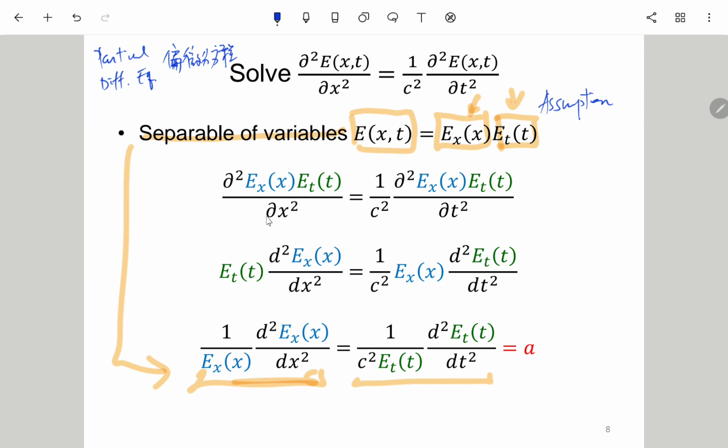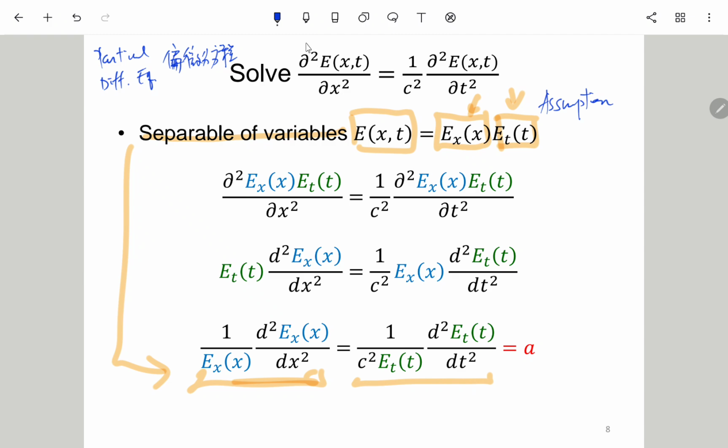OK, so after making this assumption, we put it into the wave equation we would like to solve. Here we use a blue color to highlight E_x of x, and a green color to highlight E_t of t.